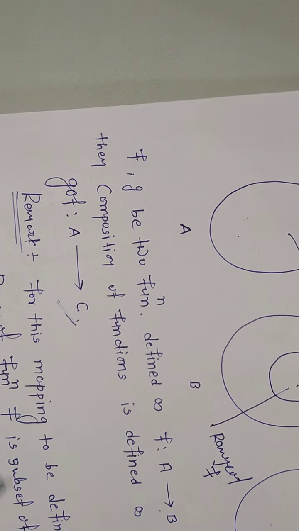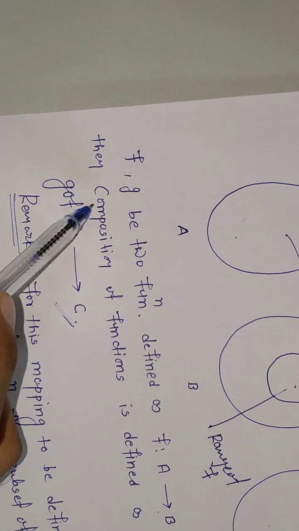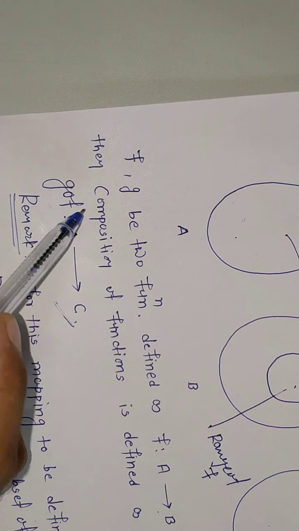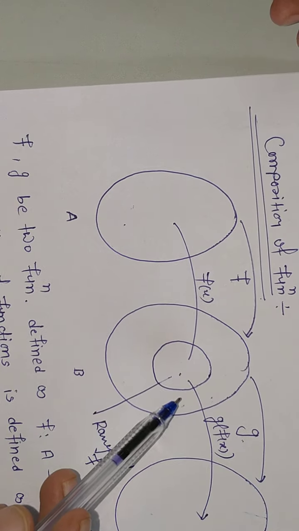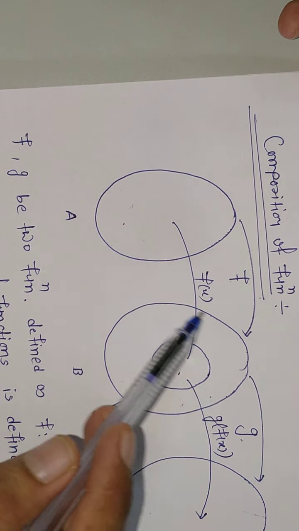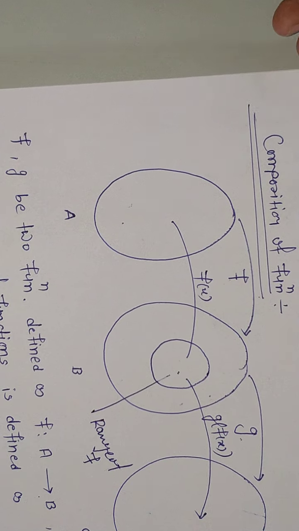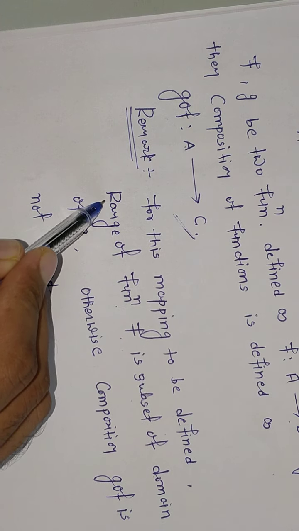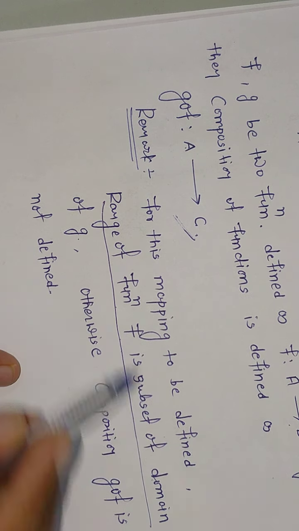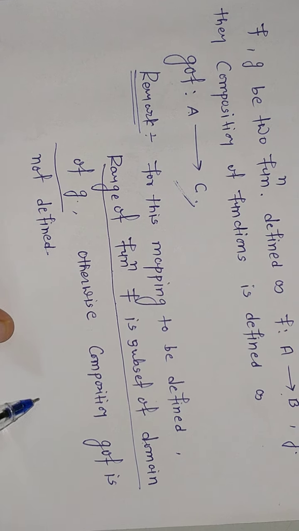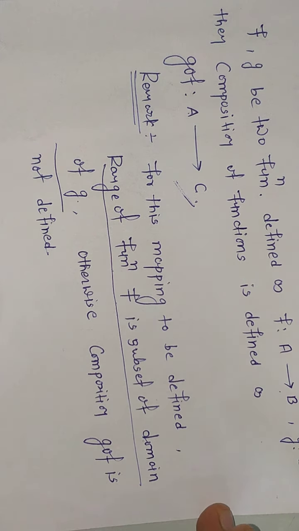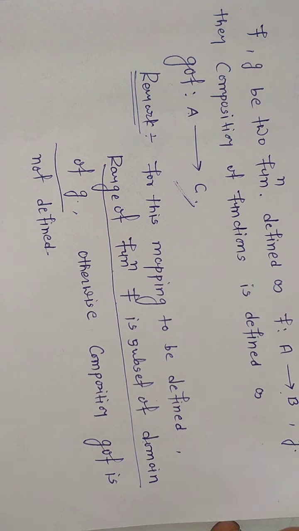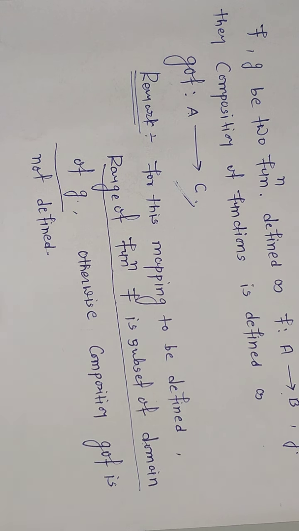Just see the mapping: the range of this function lies in set B, and that range is a subset of the domain of g. If this condition holds, that is, the range of f is a subset of the domain of g, then the composition of the two functions is defined, otherwise the composition is not defined.